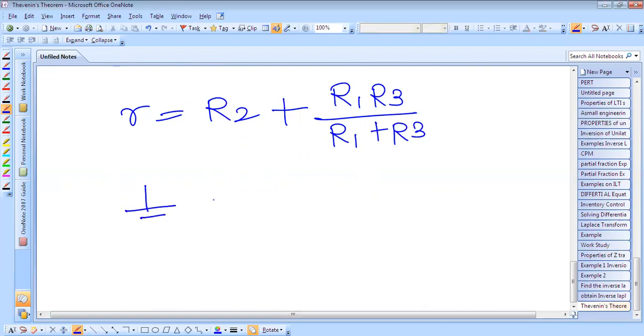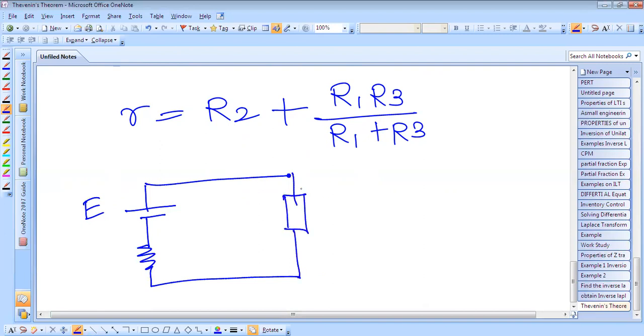This is an EMF source. This is the resistance, and this is the load resistance at A and B. So this is the total resistance of the circuit, the current flowing through is I, and this is the R.